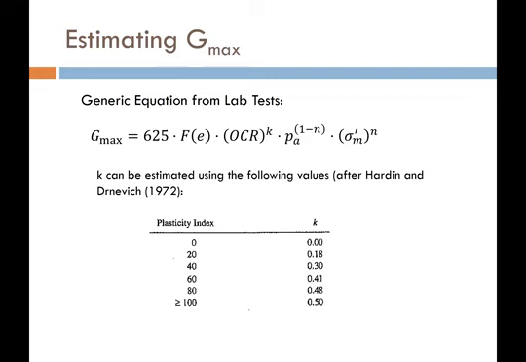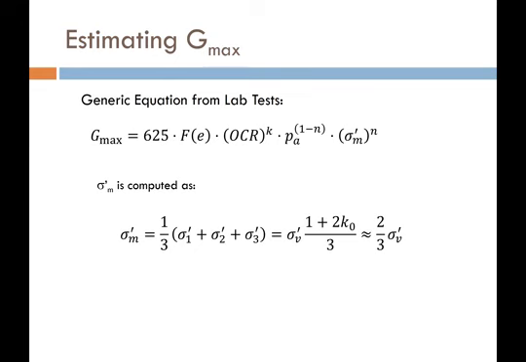If we need to get K, that's also a function of void ratio, to be honest, but people have correlated it to the plasticity index, computed from the Atterberg limits. So remember, plasticity index is simply equal to the liquid limit minus the plastic limit of the soil in water contents. And so this is an easy way to come up with estimates for your K value.